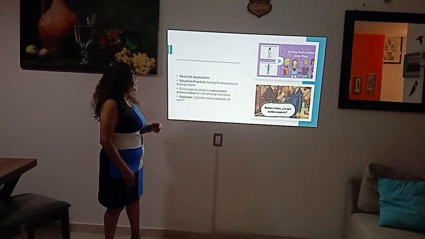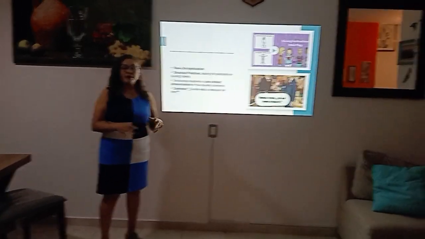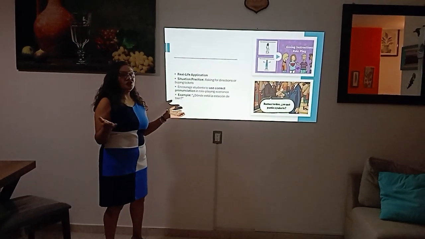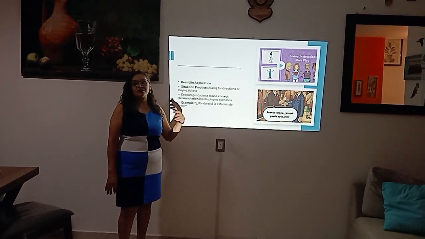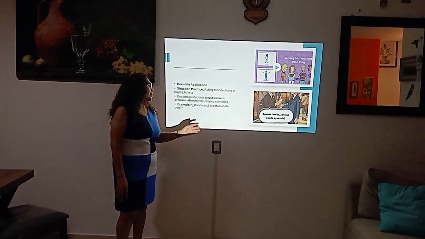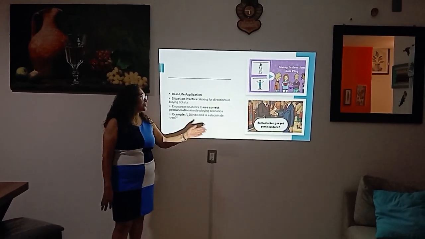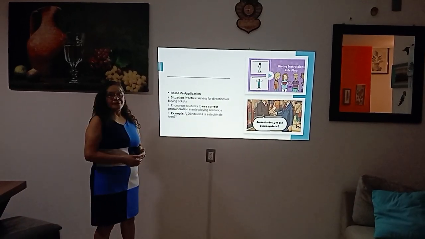For example, we can play the scenario of the train station, and a student is going to buy a ticket to London, probably, or a ticket to Guanajuato, so he needs to have the vocabulary to ask for that. ¿Dónde está la estación de tren?